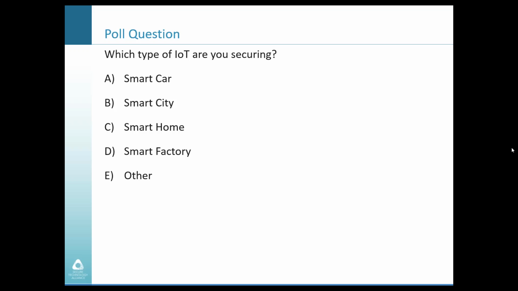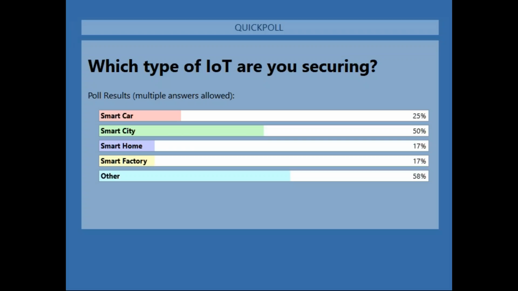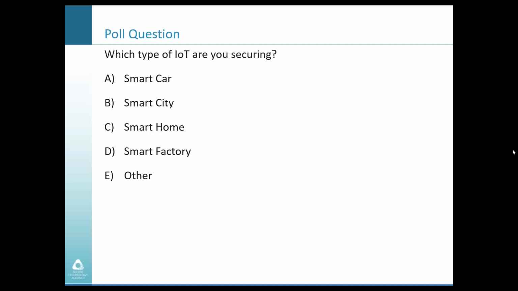All right, let's see the results here. Very interesting. So one of the things that we see here is a lot of other, and that just illustrates the broad range of IoT, the many different types of things that are being connected.